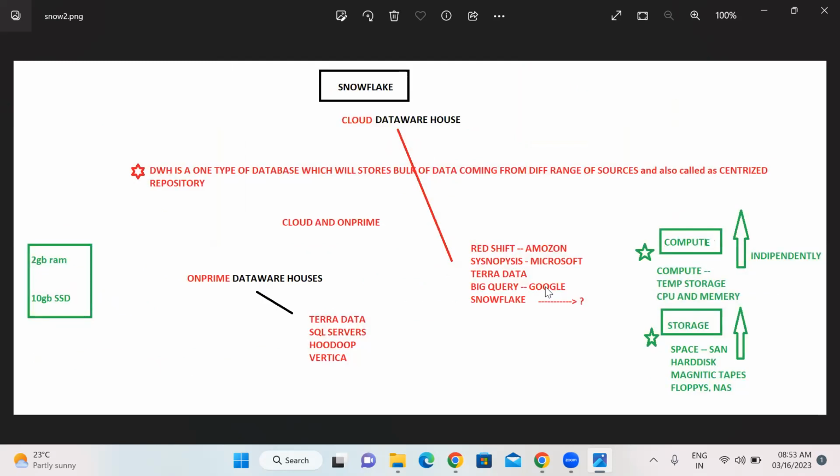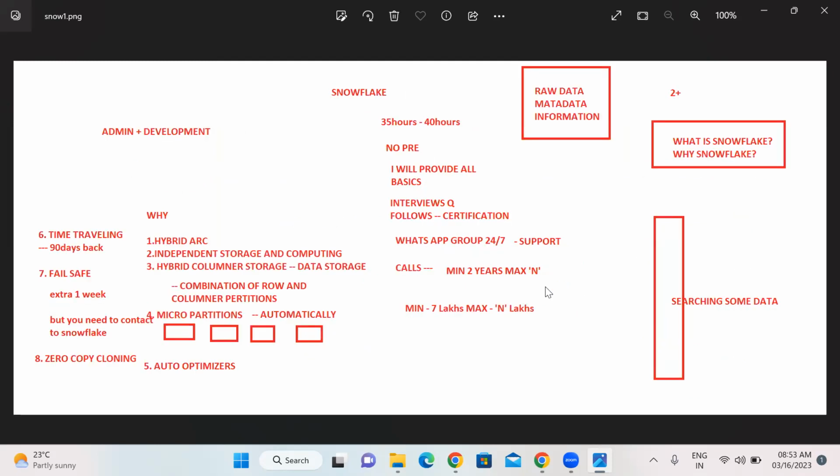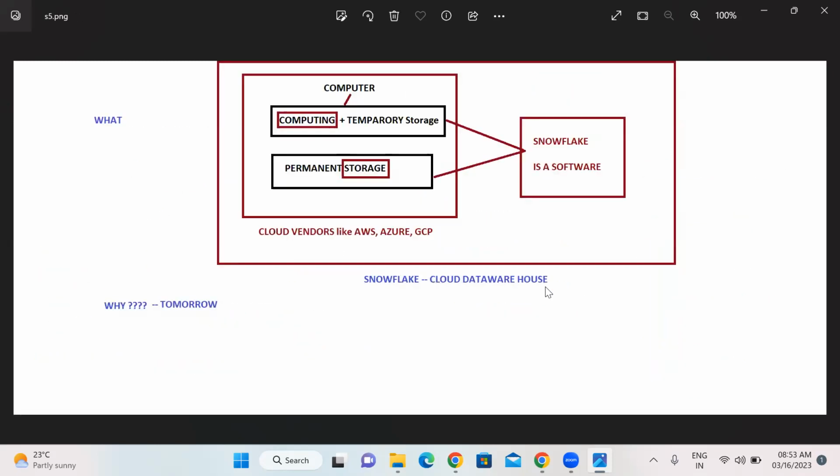Can you provide written notes regarding today's topic? For this, no need of written notes. I will share these images to you once the WhatsApp group is created. Your question will be covered in interview questions, don't worry.